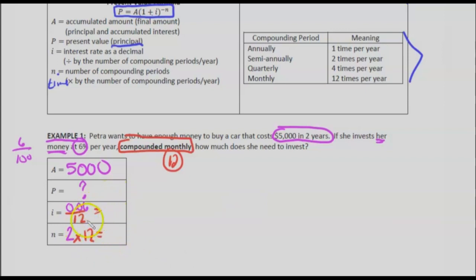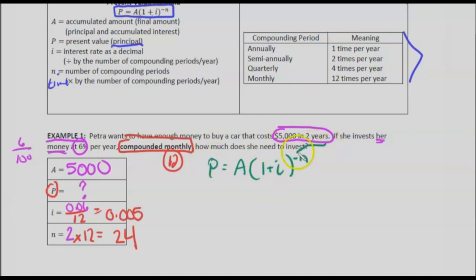So she's actually getting paid out instead of 6%, she's going to get paid out 0.005, but instead of getting paid out twice, she's going to get paid out 24 times. So let's write the formula for the present value, right? That principal amount. So we're going to write P equals A, 1 plus I to the exponent negative n.